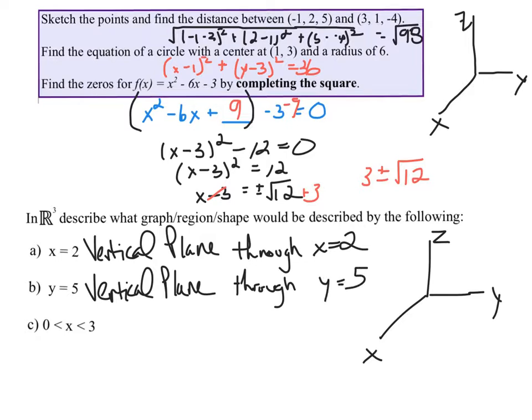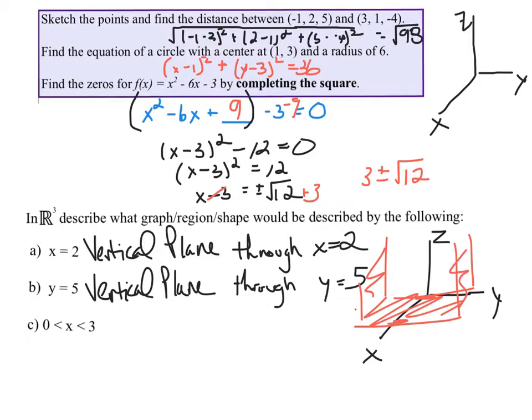Okay. And finally, x is between 0 and 3. This simply is a block. It's a huge block. Here's 0, here's 3. It is a huge shaded region between those two. It's everything between those planes.